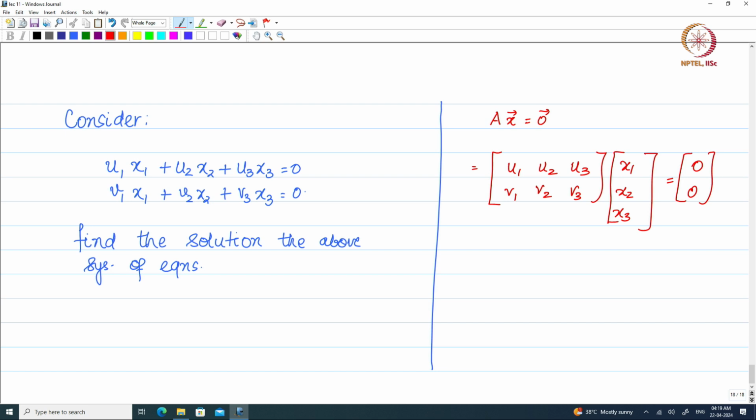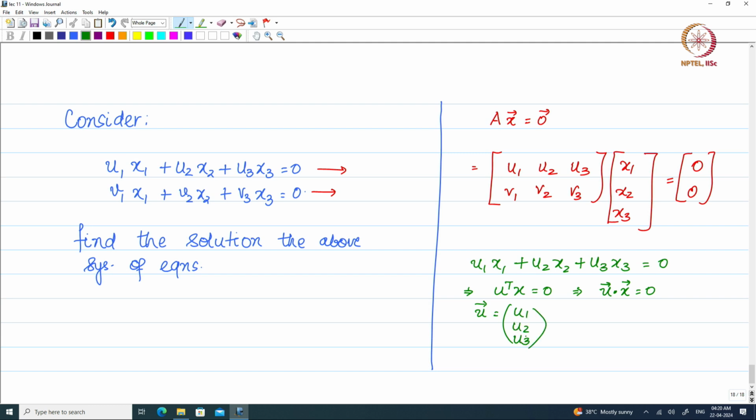Now, if you look at these two equations, something interesting we observe. What is that we observe? We see that u1 x1 plus u2 x2 plus u3 x3 is equal to 0 is of the form u transpose x is equal to 0, which is of the form u dot x is equal to 0, where the vector u is u1, u2, u3.